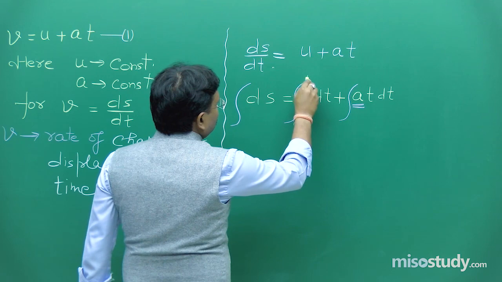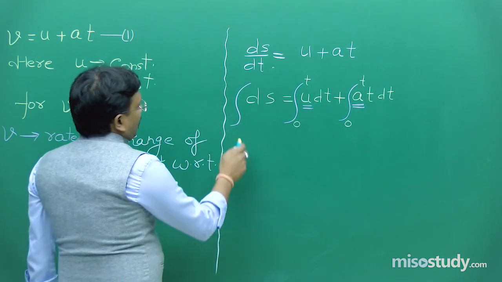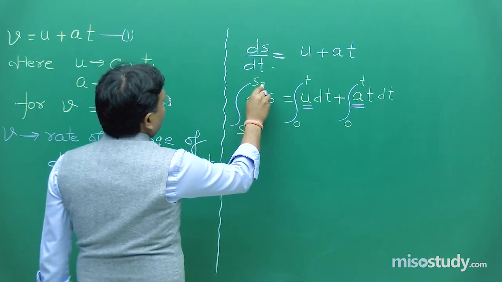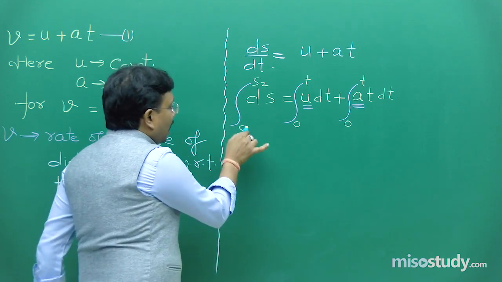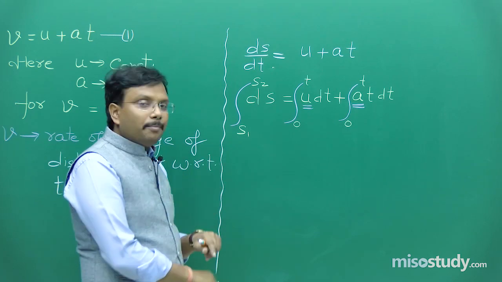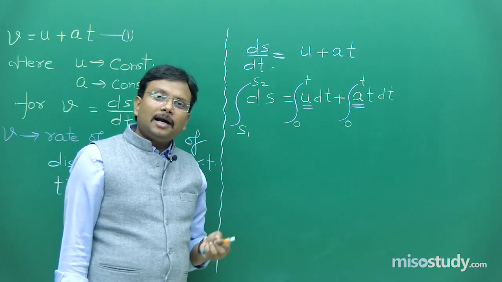0 to t, 0 to t, and let us say this is S1 to S2, but I think best is to write it as 0 and S. Why? Reason is simple. When I will start this observation, the object will start at any point.